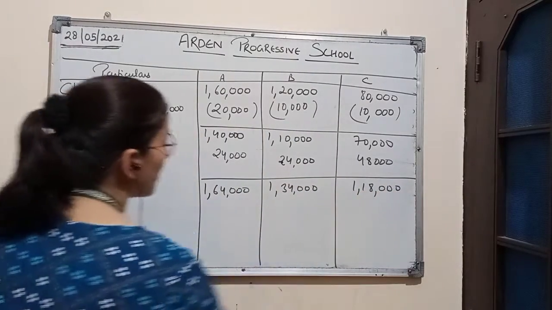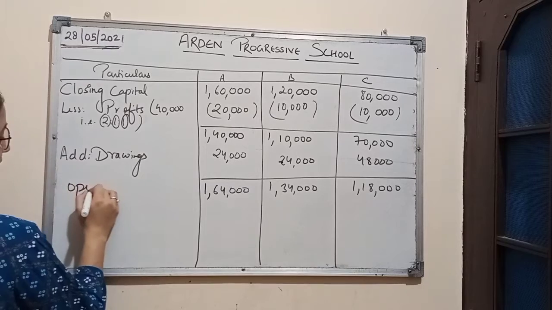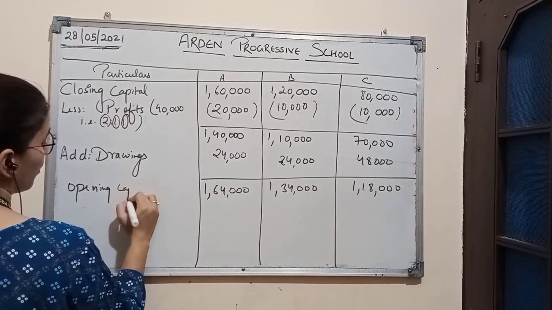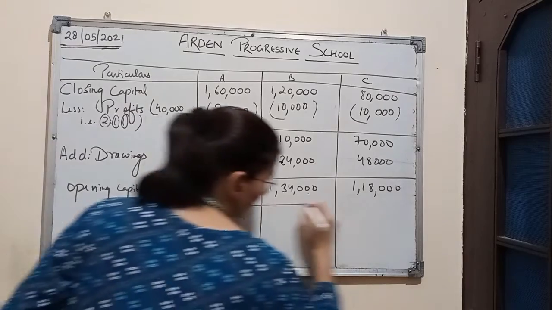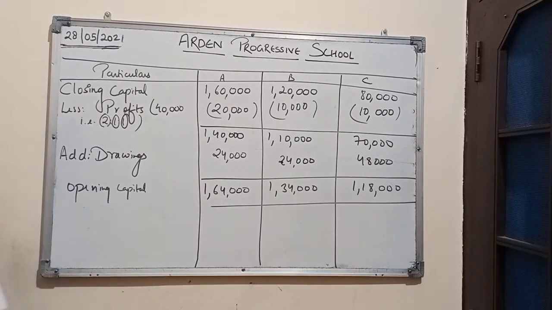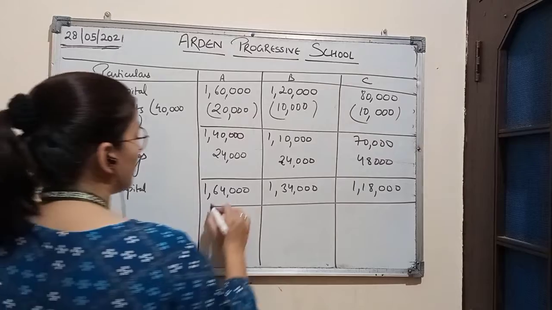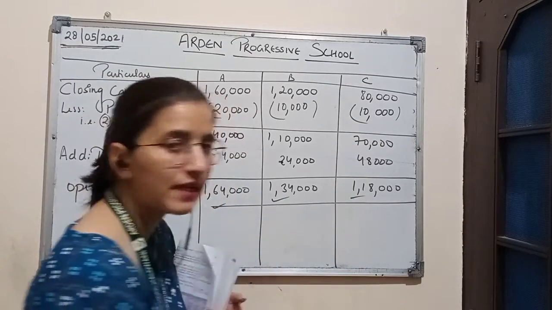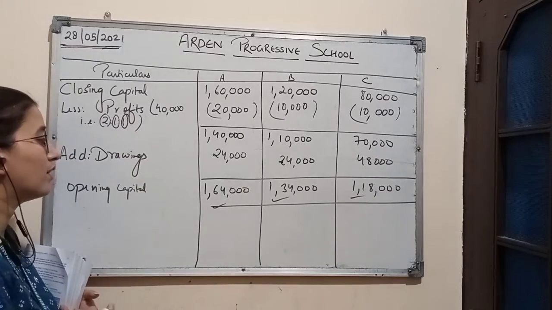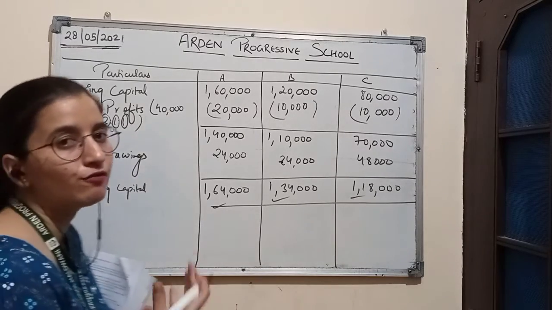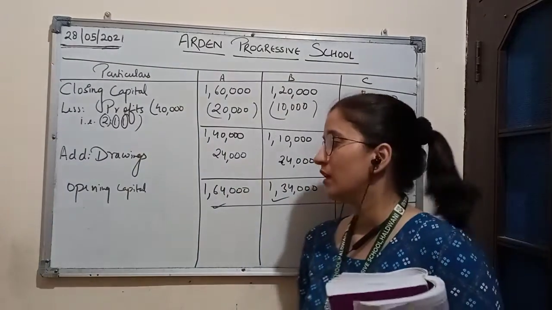So this is the amount of opening capital of the partners. Now we will provide interest on capital on this amount as it is the opening capital of the partner. So this is how we calculate the amount of opening capital.